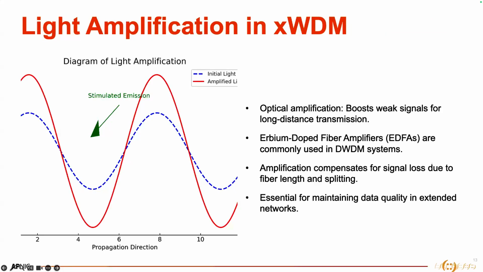And another concept of using light in DWDM is about amplification. As time and distance go by, the optical signal becomes weak with traveling time and distance over the media, right?